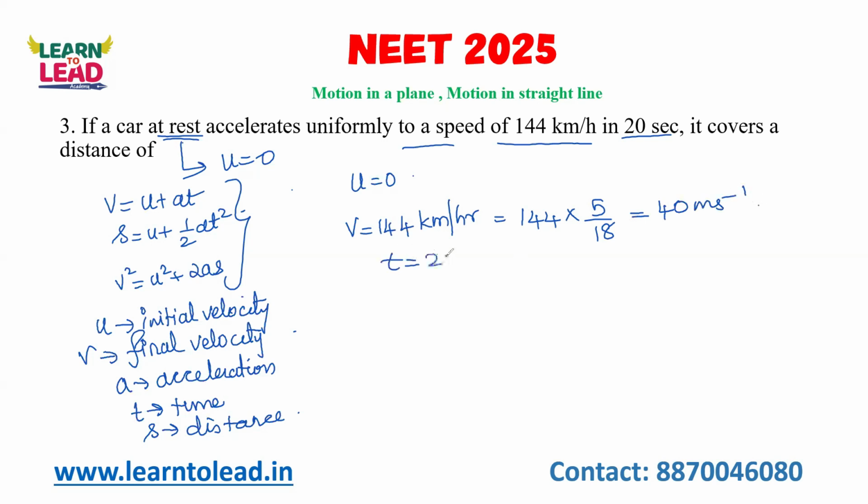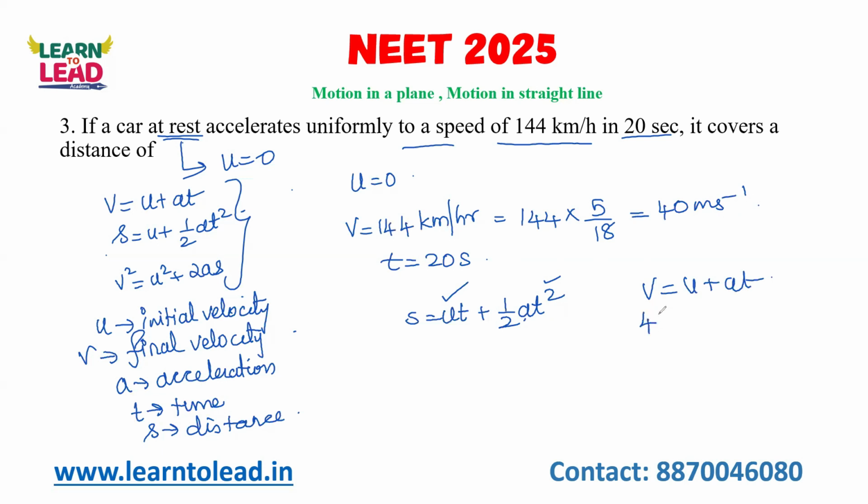They have given time taken as 20 seconds. It covers a distance. What is the formula for distance? s is equal to ut plus half at square. In this formula, we know the initial velocity and time taken, and we need to find out acceleration. To find acceleration, we should use the formula v is equal to u plus at.